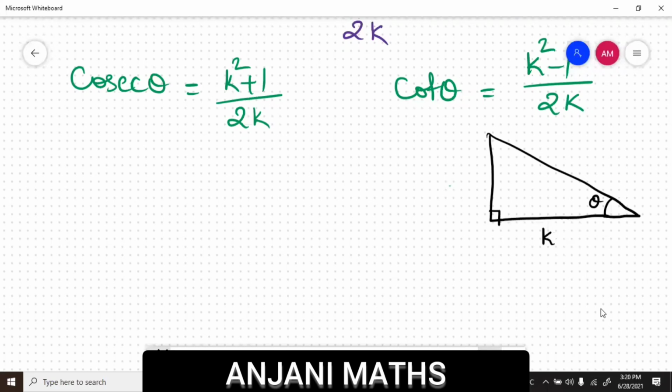So k square plus 1 will be the hypotenuse, and I write it here. What will be 2k? The opposite side. I write the opposite side over.